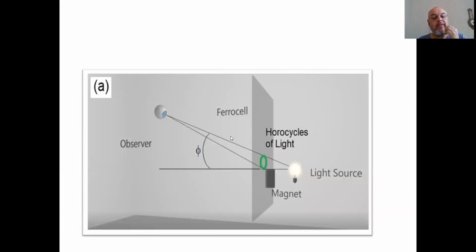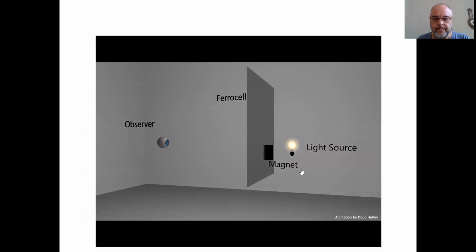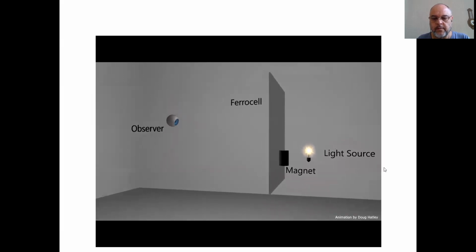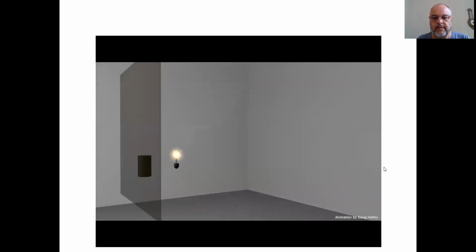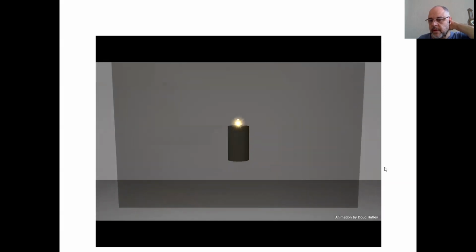Well, this is a diagram of the demonstration that we will present now. You have the observer, the ferrocell, a magnet close to the ferrocell in order to produce the magnetic field, and the light source. So here you can see this animation.